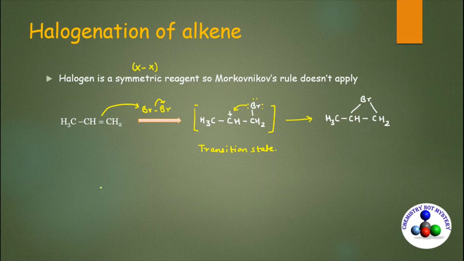Here bromine carries a positive charge. That's why it is called a bromonium ion. This is an intermediate for this reaction.